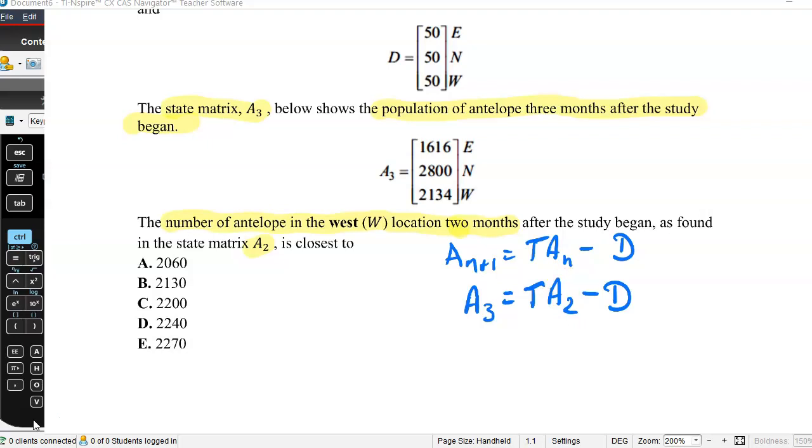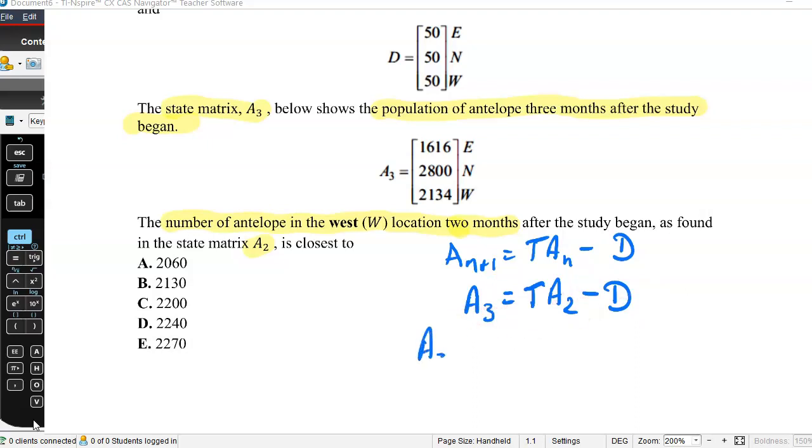Okay, so let's do a little bit of manipulation to see if we can start to get there. Right, so I'm going to add D to both sides.